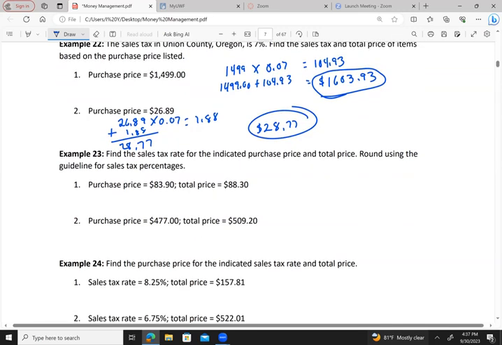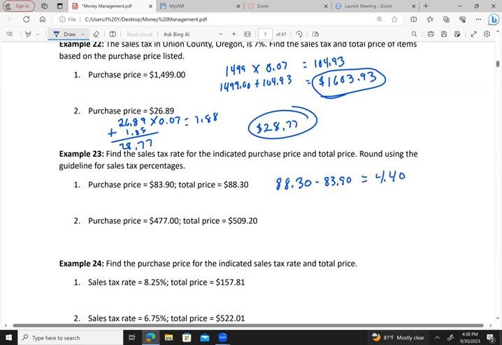Find the sales tax rate for the indicated purchase price and total price. So if our purchase price is $83.90 and our total price is $88.30, what's our sales tax rate? Well, how much sales tax do we pay? $88.30 minus $83.90, about $4.40.